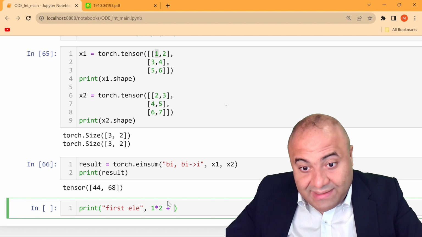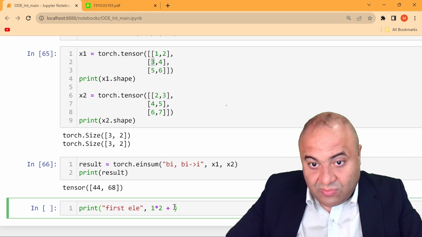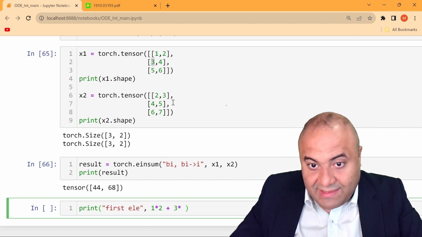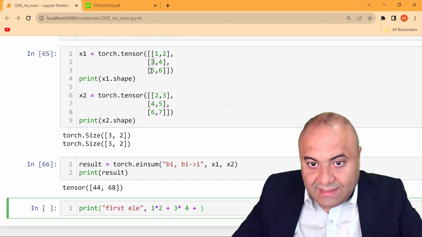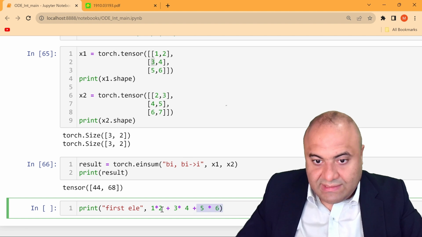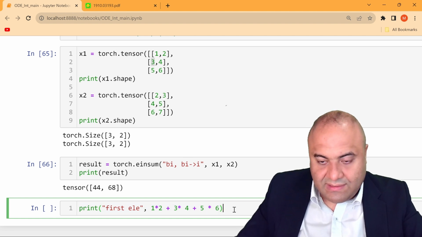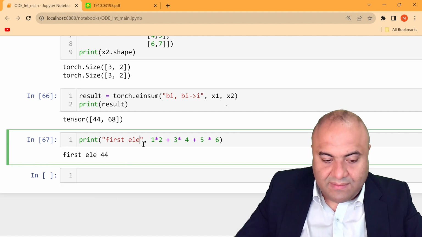I hope I'm explaining it as easily as possible. So 3 multiplied by 4 plus 5 multiplied by 6. So this is going to be our element.